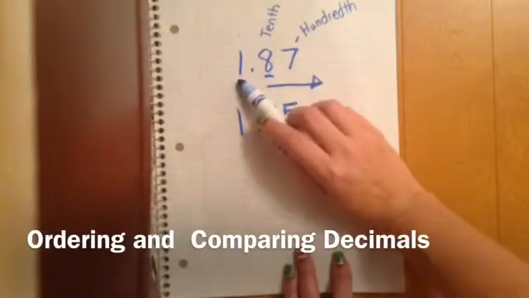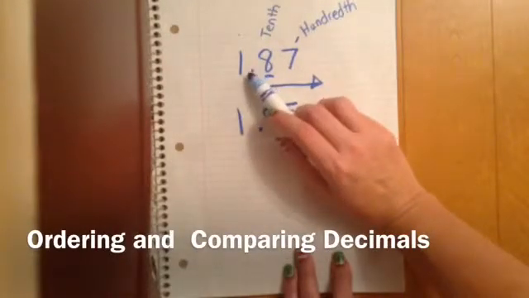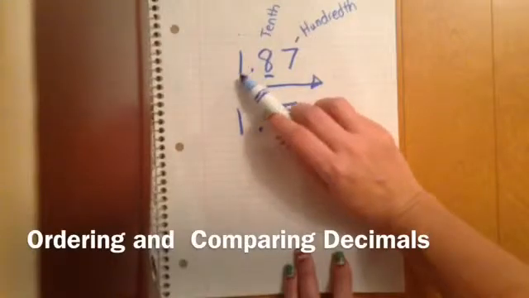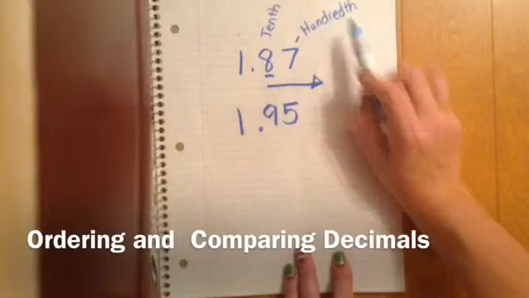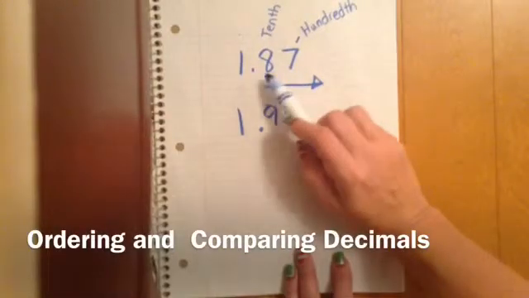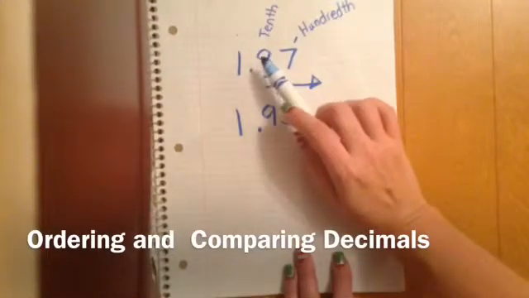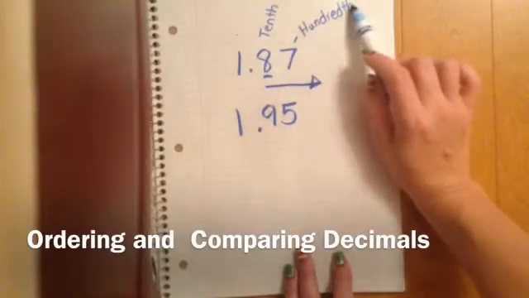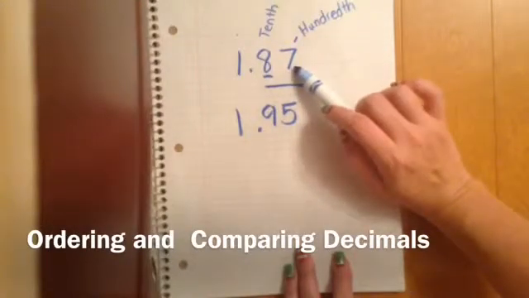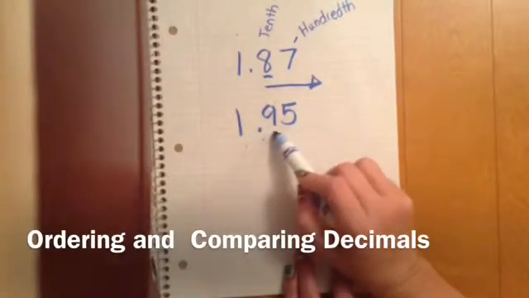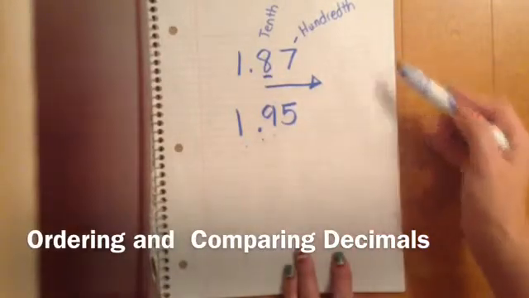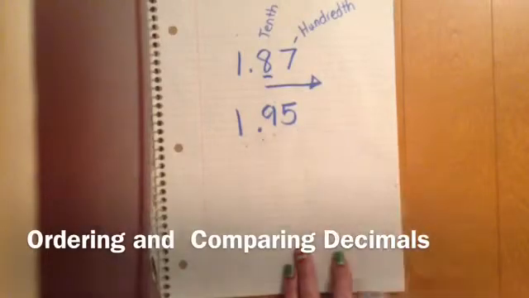So we've got 1 and 87 hundredths, because when we read the decimal, we read "and." So we always say what number that is. So that's an 87, and then the hundredths is whatever place value is the last place value. So for this one, I've got 1 and 95 hundredths, because this is the last place value I've got.